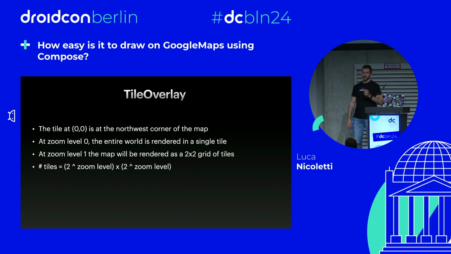The tile at 0, 0, if you have more than one tile, it's the northwest corner of the map. At zoom level 1, the map will be rendered in a 2x2, so 4 tiles. And then the number of tiles is 2 elevated to the zoom level by 2 elevated at the zoom level.